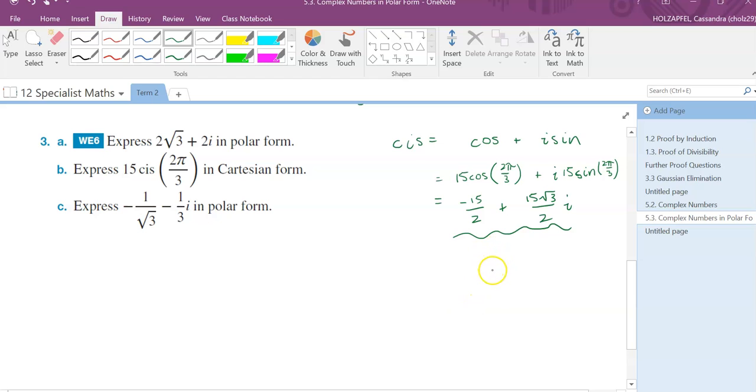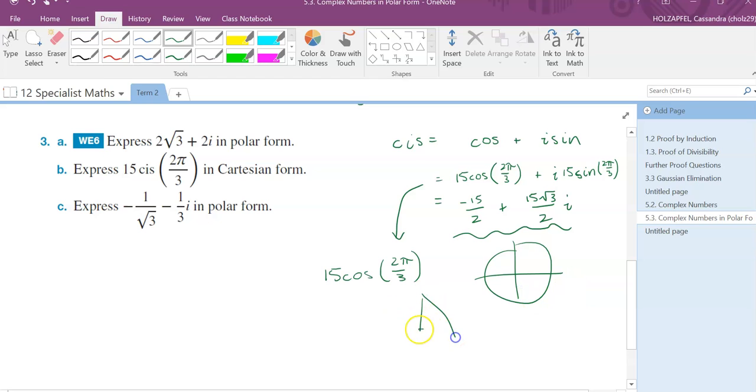Now, if we didn't have our calculator, so let's say that this was a tech-free example, we would work out 15 cos 2 pi on 3, and we would have to use our CAST circle and those trig identities, those special triangles. The first special triangle is the 45, 45, 90 triangle, the isosceles triangle.